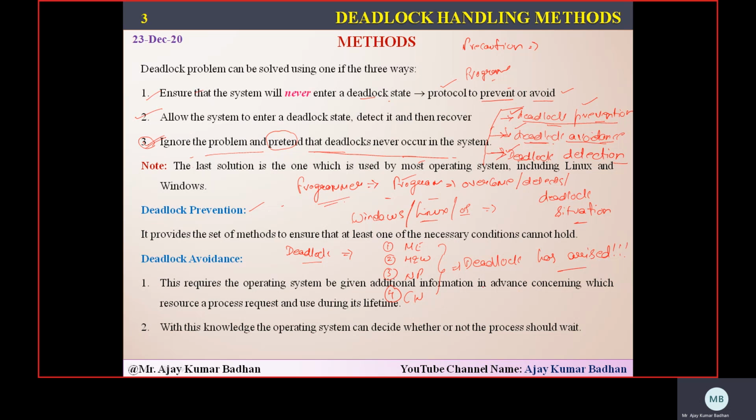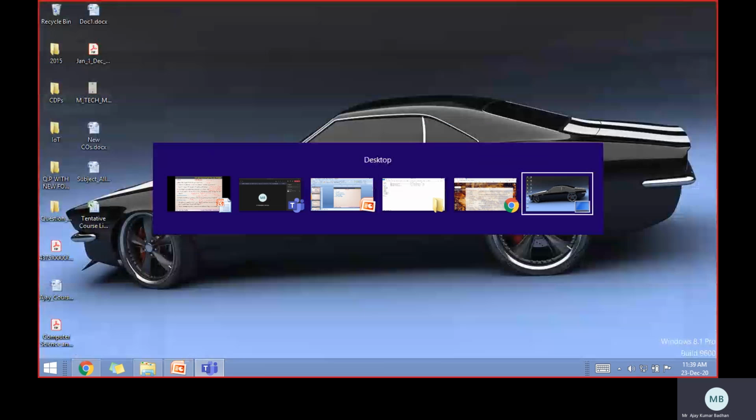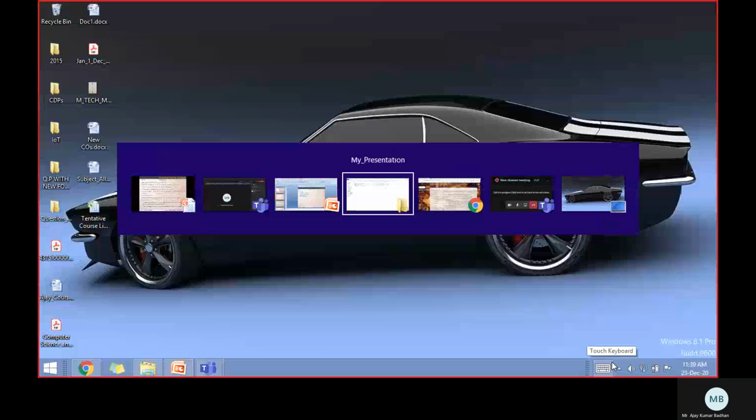Now here, in deadlock prevention, he is saying that if we can make sure that at least one of these particular conditions is not holding, then that particular situation is going to be overcome.